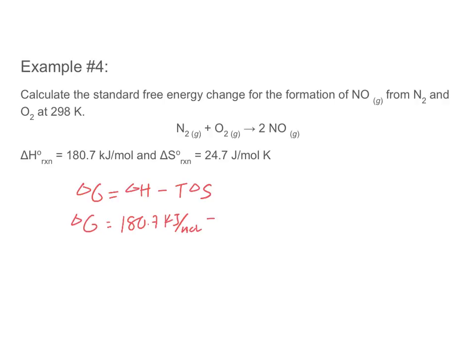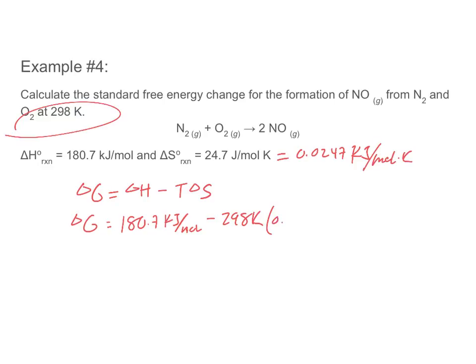The temperature I was given in this problem is 298 K, and I'm going to multiply it times the delta S, which I have to change to kilojoules, which we already did before, with 0.0247 kilojoules per mole Kelvin.